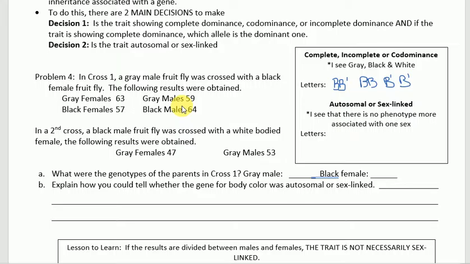So if this was in fact sex-linked, then for instance, this black females versus gray females, or even right here, gray males, the black males. So for instance, this would be a huge number compared to the others. On top of that, you need to note this is basically a 1-to-1 ratio.